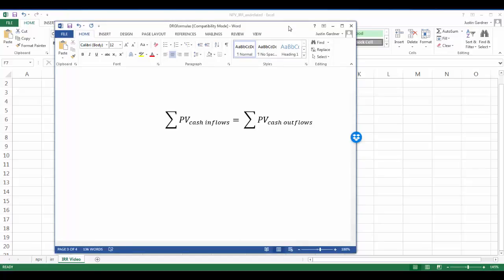What ends up happening is an iterative solving process, where when a function in Excel or on a computer figures this number out, it basically picks a number, then raises the number and tries it and sees if that works, then lowers the number and sees if that works, and just iteratively goes through that process of picking larger and smaller numbers over and over again, each time getting closer to that interest rate so that the right and the left side of this equation in front of you are equal to each other. So let me show you what I mean by that.